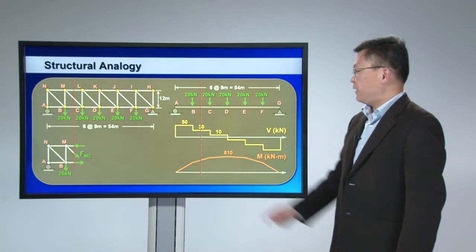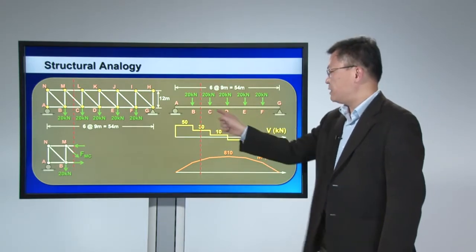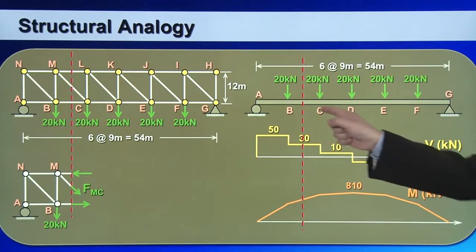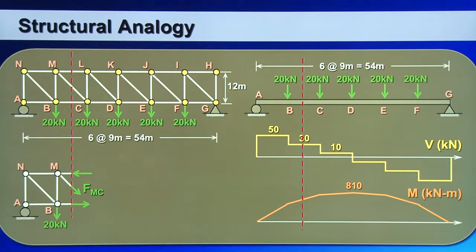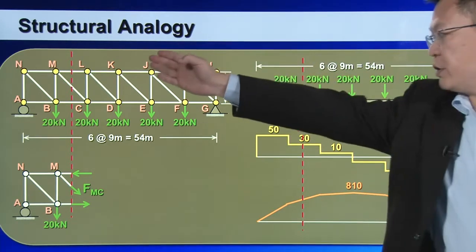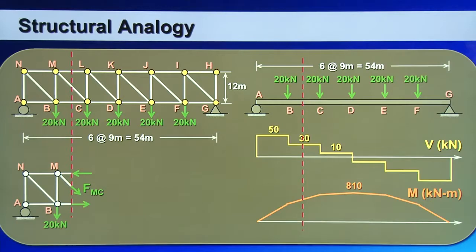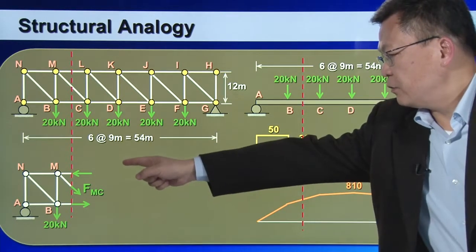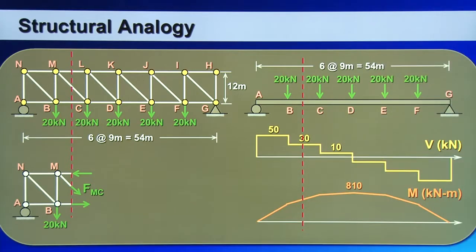For instance, if I cut a cross-section between B and C, I obtain the shear force for that particular cross-section, which is 30 kilonewtons. I go to the truss structure, cut a cross-section at the same location, and put down all the internal member forces at that cross-section.